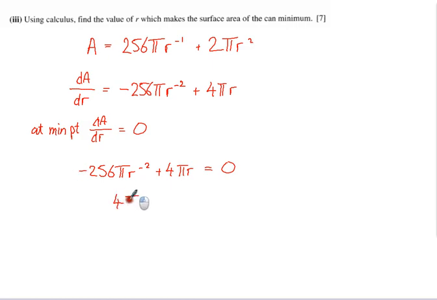So 4 pi r is equal to 256 pi over r squared. The negative 2 just applies to the r, so that puts it over r squared. And now to get rid of that fraction, we multiply through by r squared. So we get 4 pi r cubed is equal to 256 pi.